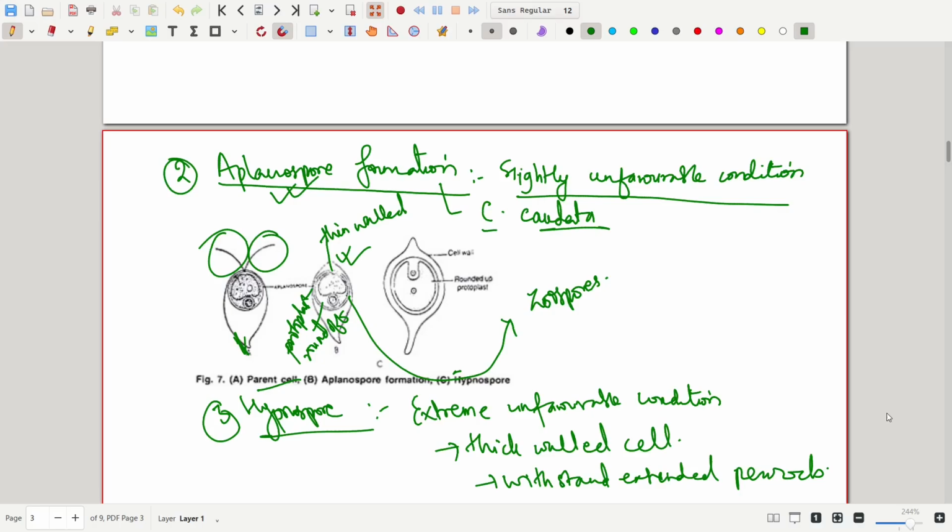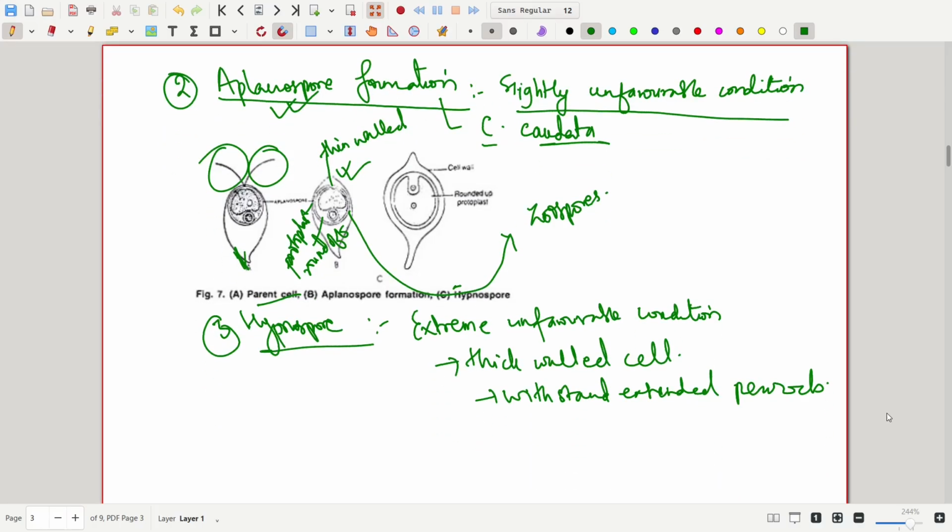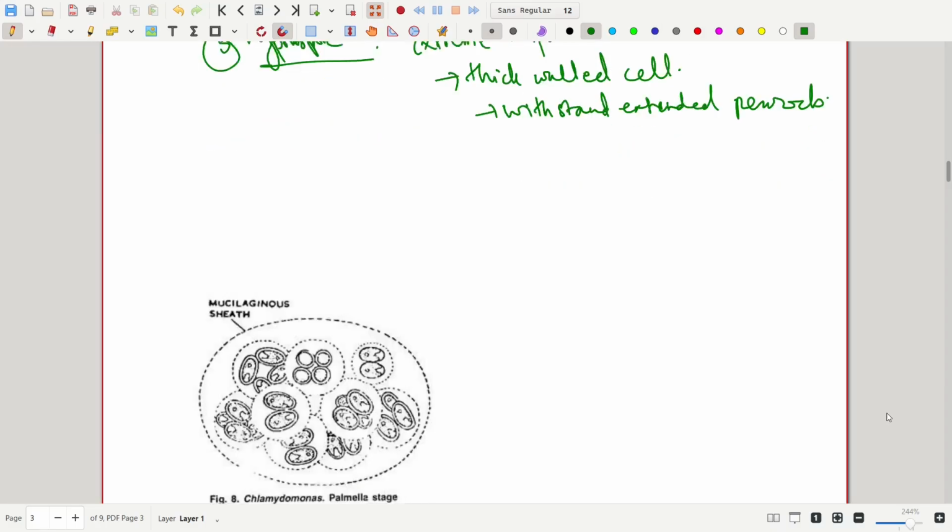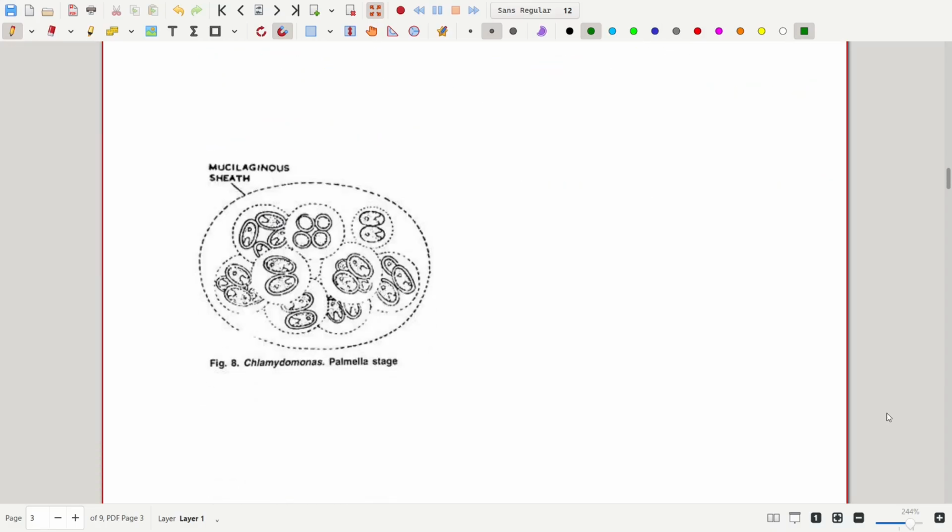So this way there is asexual reproduction in Chlamydomonas, and the last way is that it forms a stage known as Palmella stage.